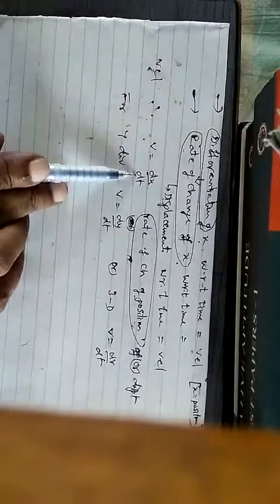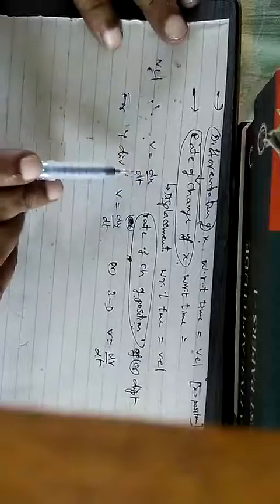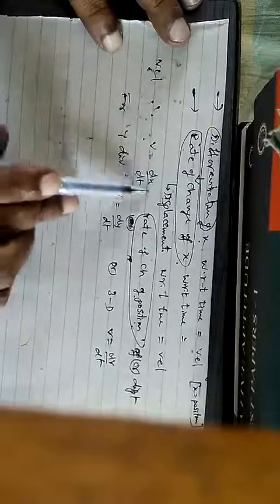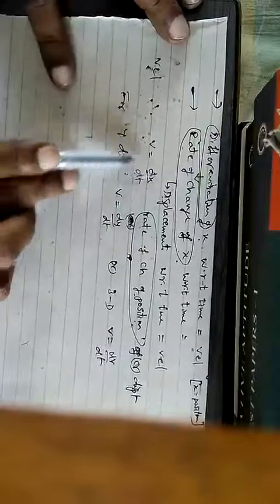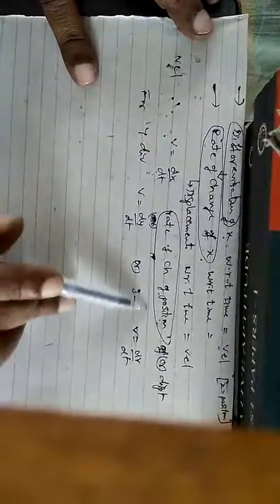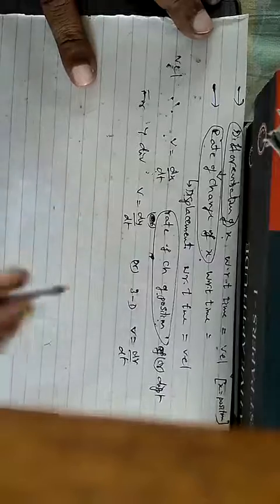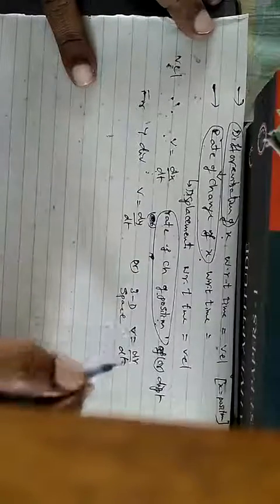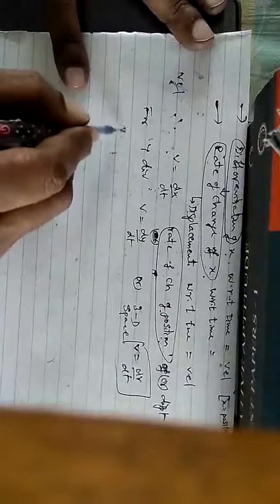Differentiation means rate of change of x, the position. So the rate of change of position with respect to time is called velocity. Velocity is a vector quantity. That's why we write vector v.